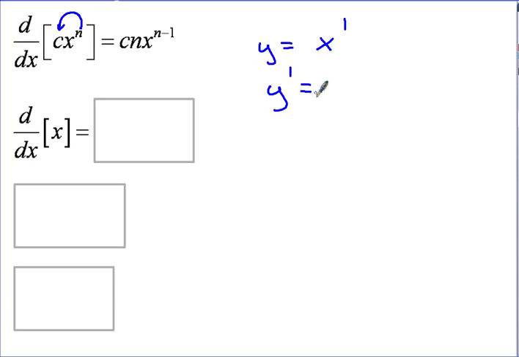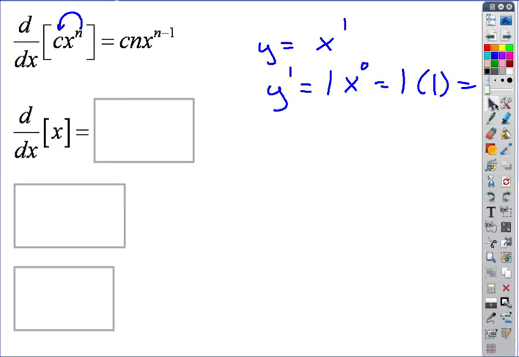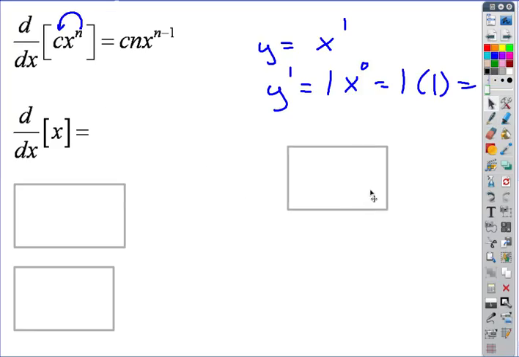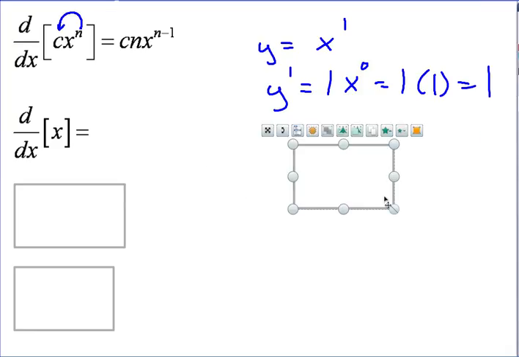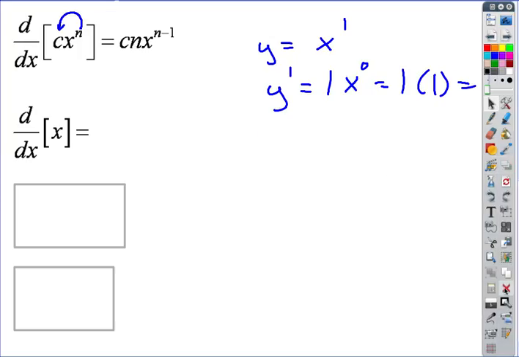That's equal to, if I bring the 1 down front, 1 times x to the 0. Technically, what's anything to the 0 power? It's 1. So the answer is 1.